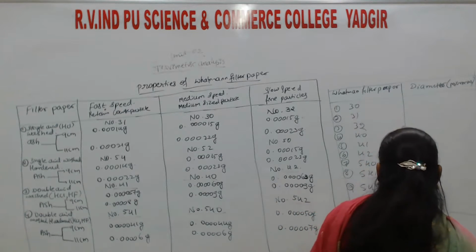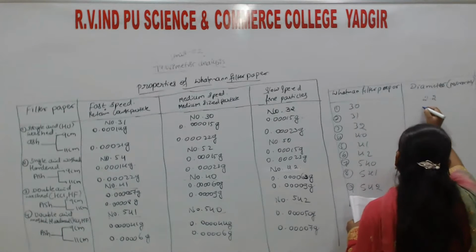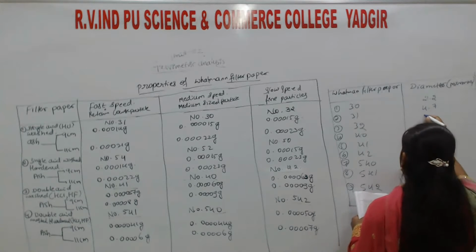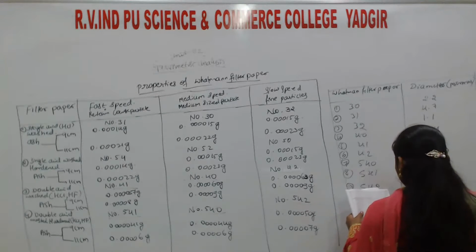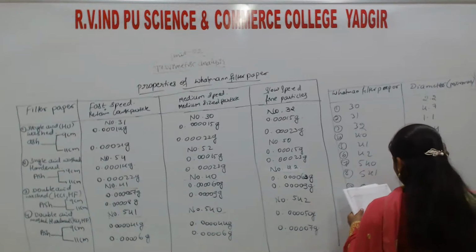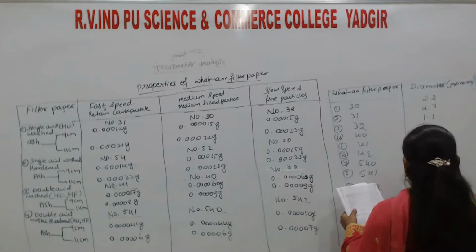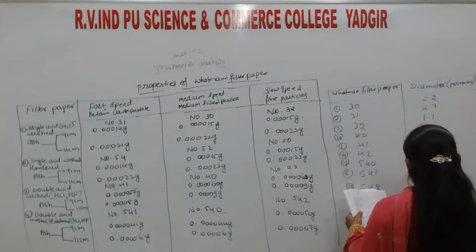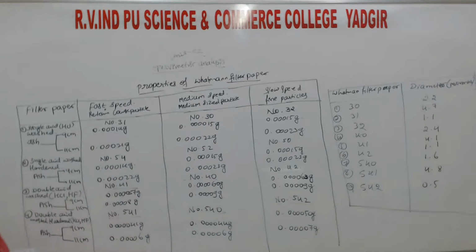Here the diameter in microns is 2.2, 4.7, 1.1, 2.4, 4.1, 1.1, 1.6, 4.8 and 0.5. These are the diameters written in microns.